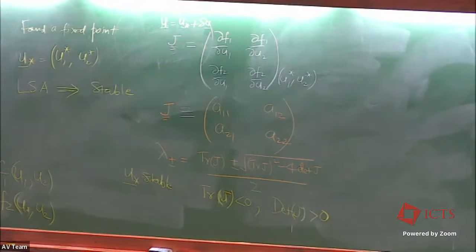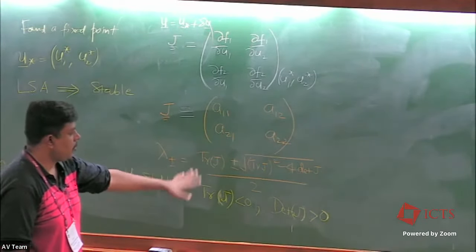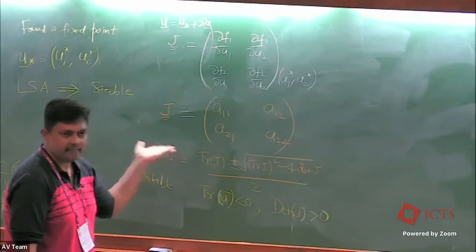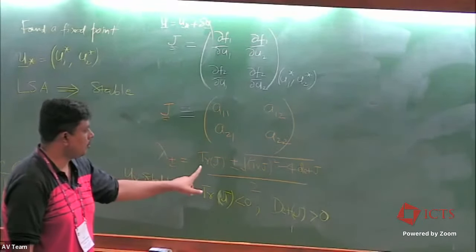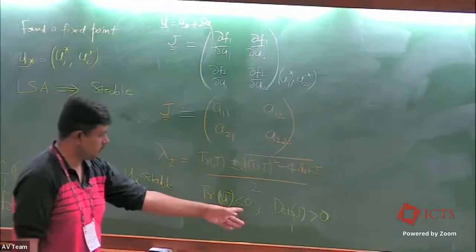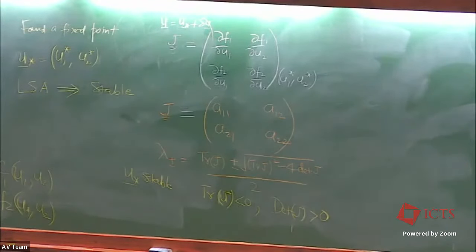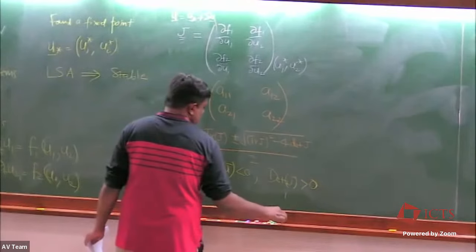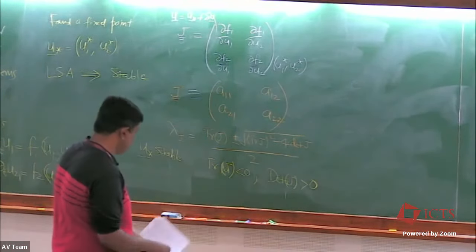Can you check that, please? There are two eigenvalues, and I can have complex eigenvalues, that's fine. But I want the real part of both the eigenvalues to be less than 0. Just check if this is true. Make sense? Agree? So if that is true, what does that say in terms of A11, A12, A21, A22?